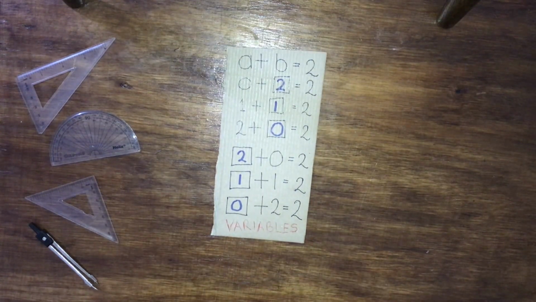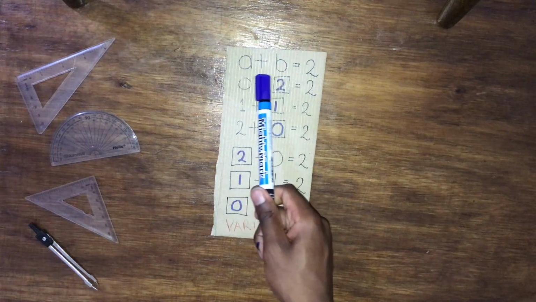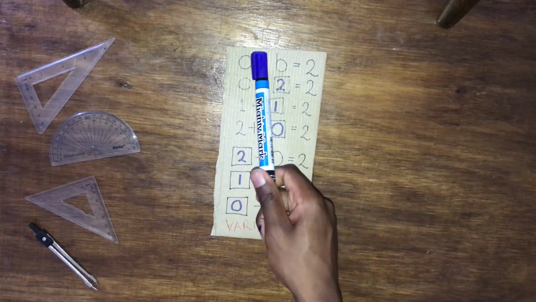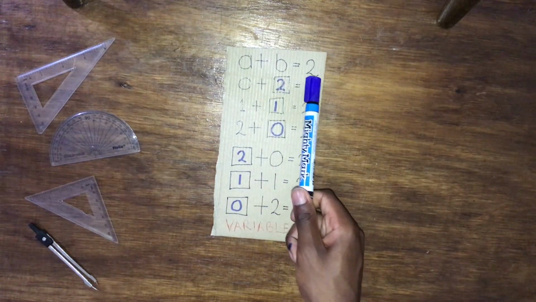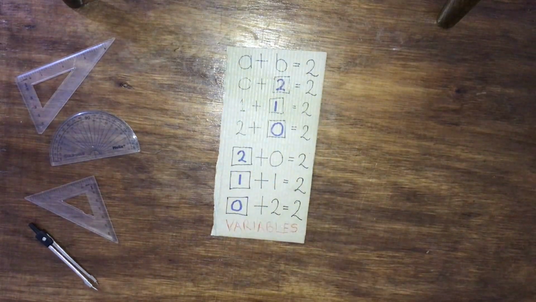Now, we are told a plus b is equal to 2. Now, these are very dependent on each other because at the end of the day, whatever answers we have in here should equal 2 because that is what the equation tells us.